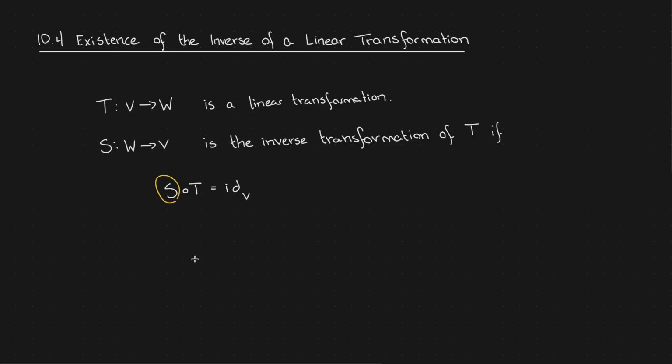so that if we apply transformation T and then apply transformation S, S just undoes transformation T. We just end up where we started. We end up with the identity transformation. And similarly, if we swap the order of the transformation, T composed with S, that'd be the identity transformation on W. So if we plug some vector W into S, S applies the transformation, but then since T is the inverse transformation of S, it undoes what S did and takes us back to where we started.